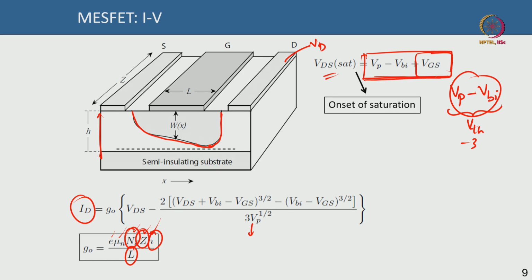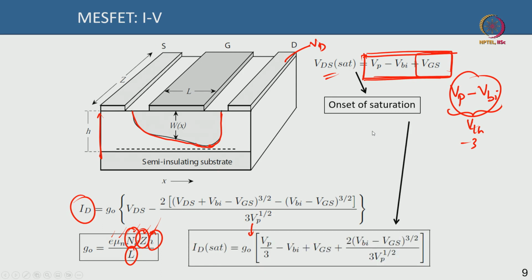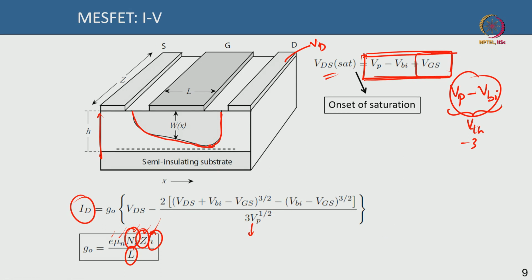This expression tells you that the drain pinch off happens at a voltage of VTH plus VG, and that is the voltage of the drain at which you will have your saturation current, because this is where the pinch off will happen.